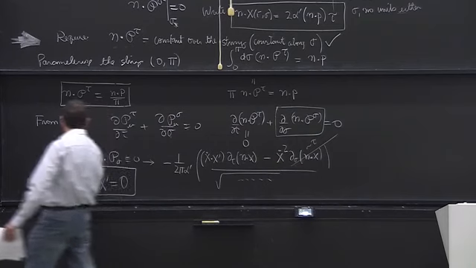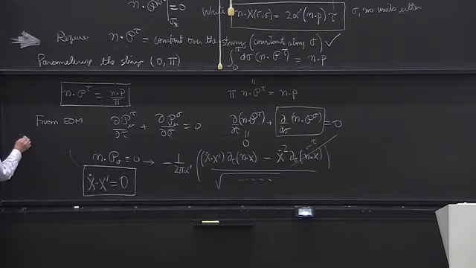If you look at it, it would be dx mu d tau, dx mu d sigma, that is dx0 d tau, dx0 d sigma, plus dx vector d tau, dx vector d sigma equals 0.